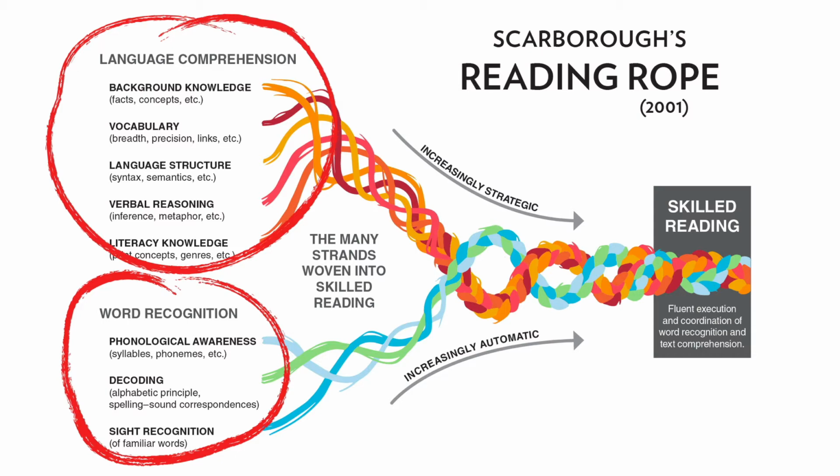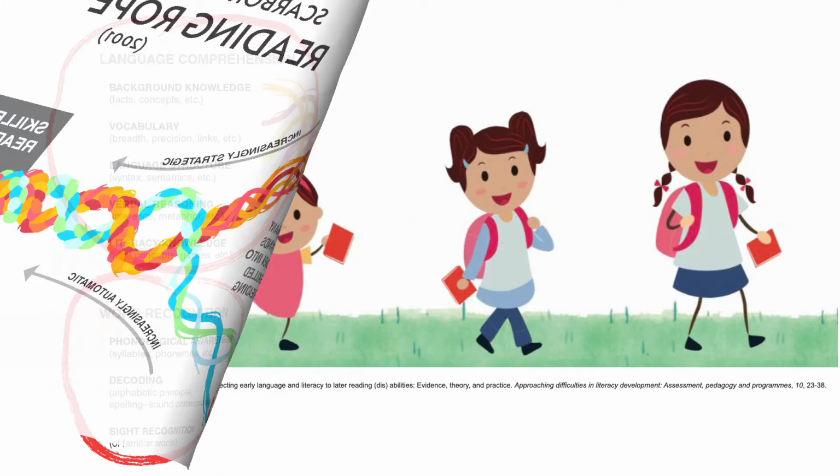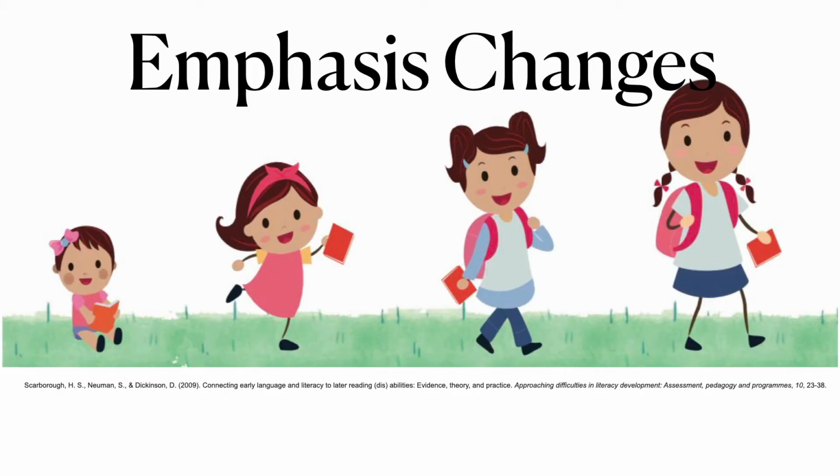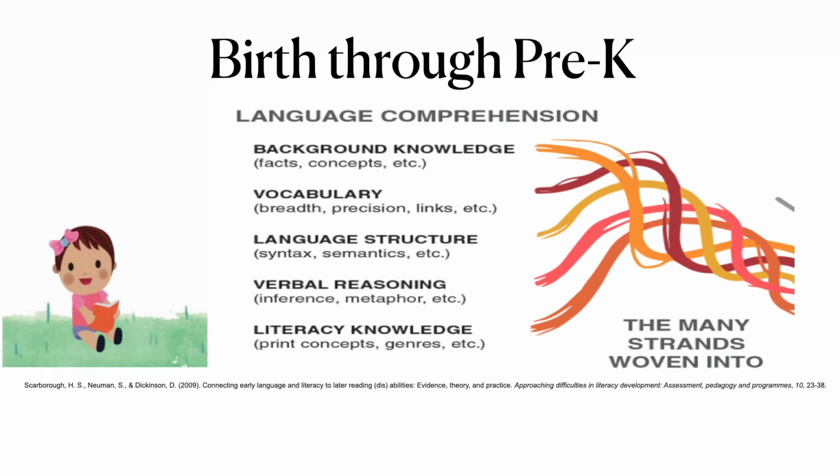Now, as she says that all of these parts are working together all the time, however, she does say that the emphasis on how and when and how much you teach these parts, it's going to change a little bit. It's never going to be totally one part, but you're going to have emphasis on certain parts depending on the reader's development. So let's look at how she describes that. First, she says birth through pre-K.